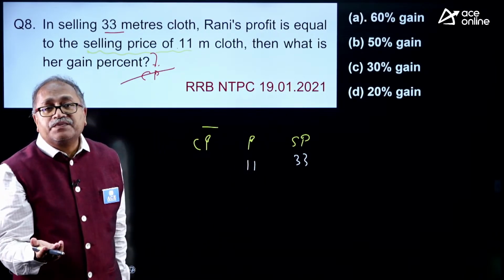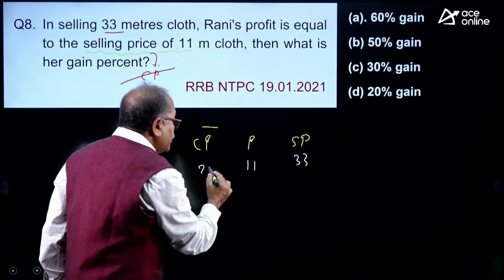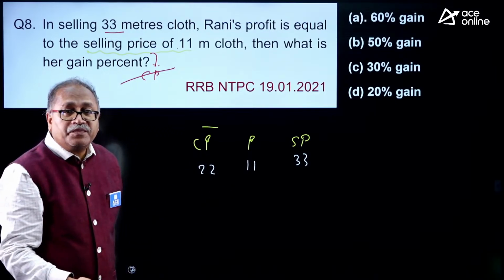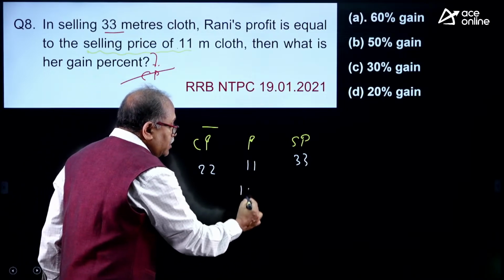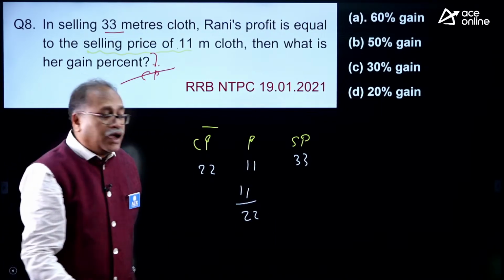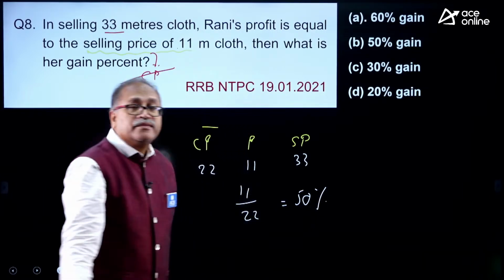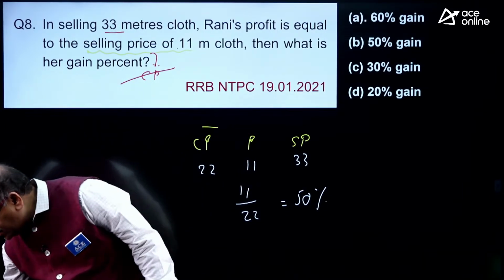Then what is your cost price? 33 minus 11, and that comes 22. What is the profit percentage? The 11 is what percentage of 22? Is it not 1 by 2? And if it is 1 by 2, 50%, that is over. That should be your answer.